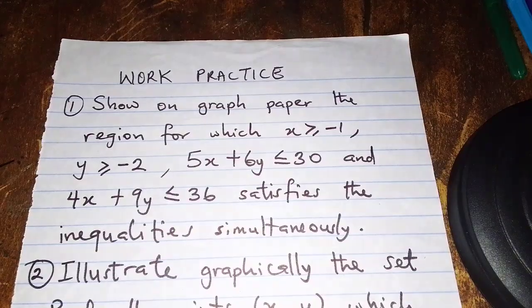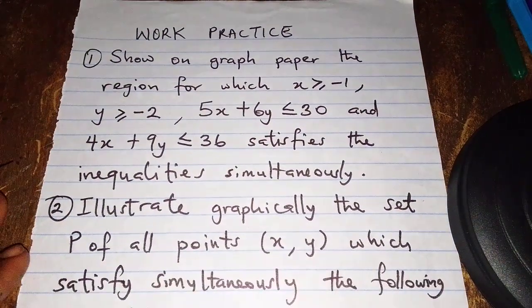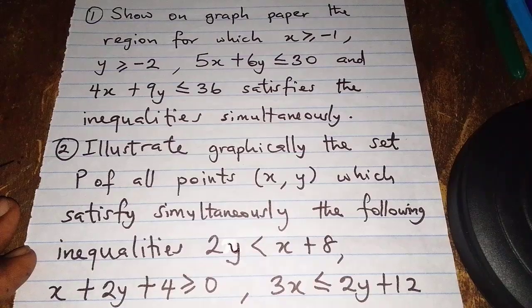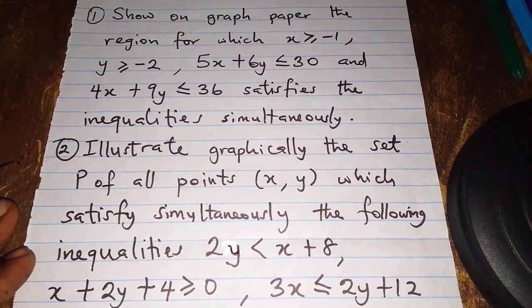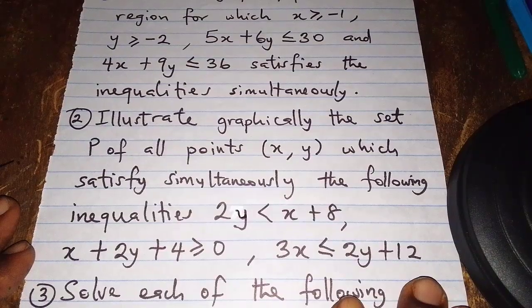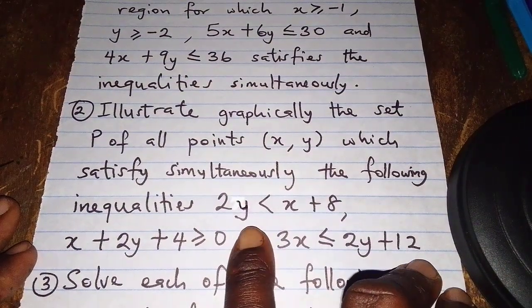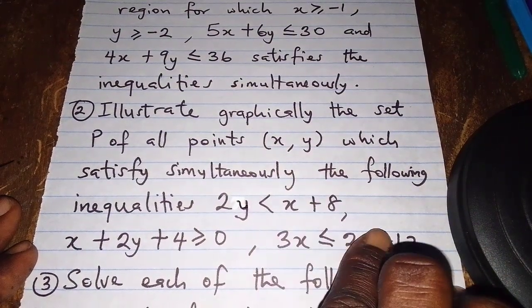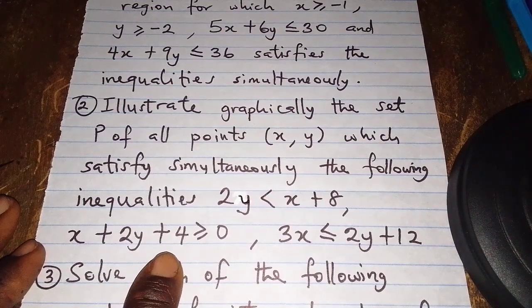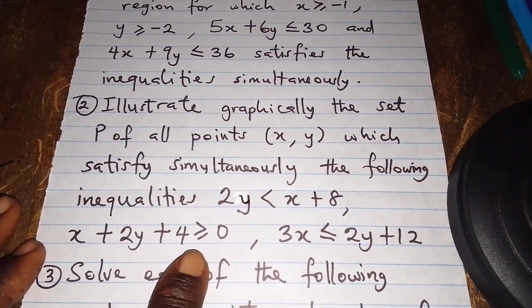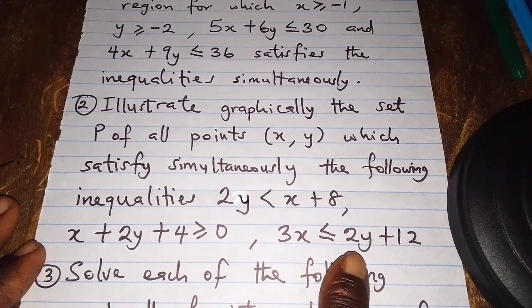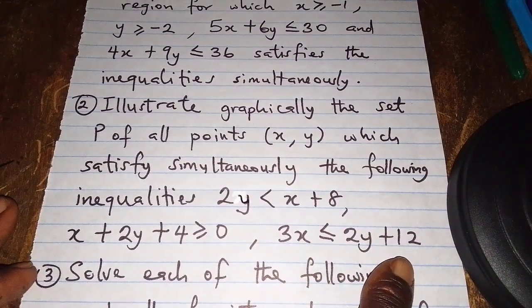Satisfy the inequalities simultaneously. Number 2, illustrate graphically the set P of all points x and y which satisfies simultaneously the following inequalities: 2y is less than x plus 8, x plus 2y plus 4 is greater than or equal to 0, 3x is less than or equal to 2y plus 12.